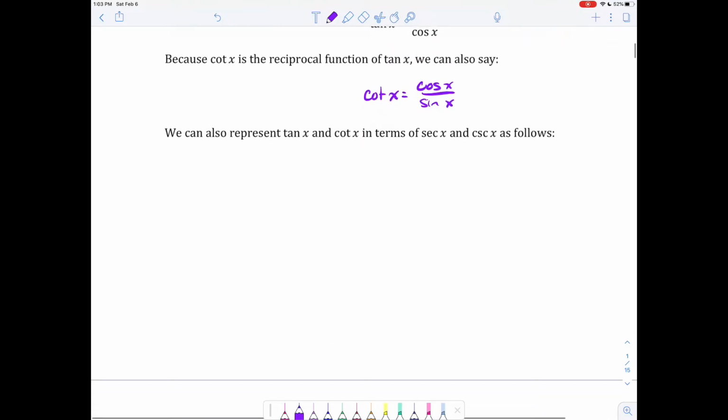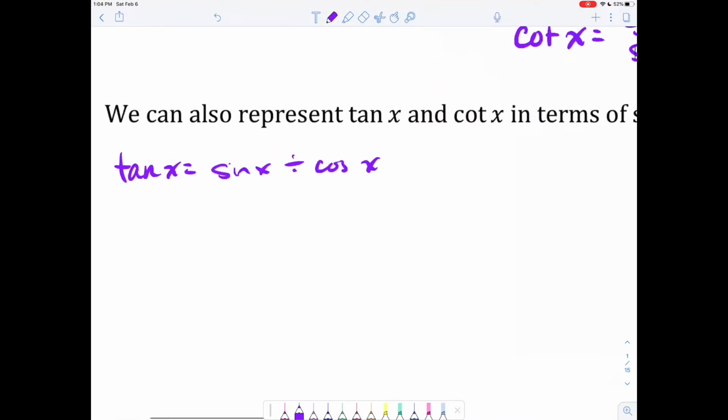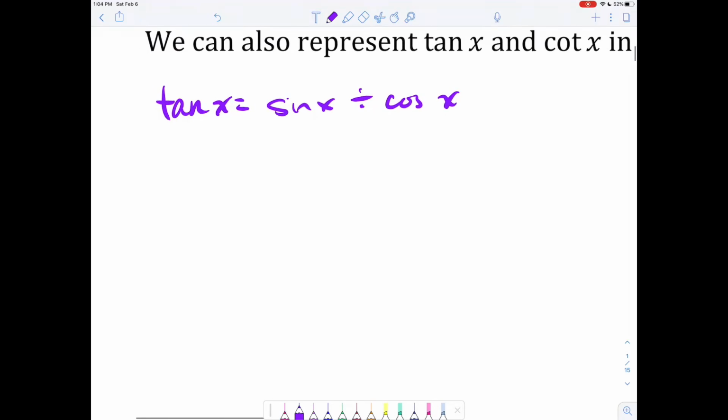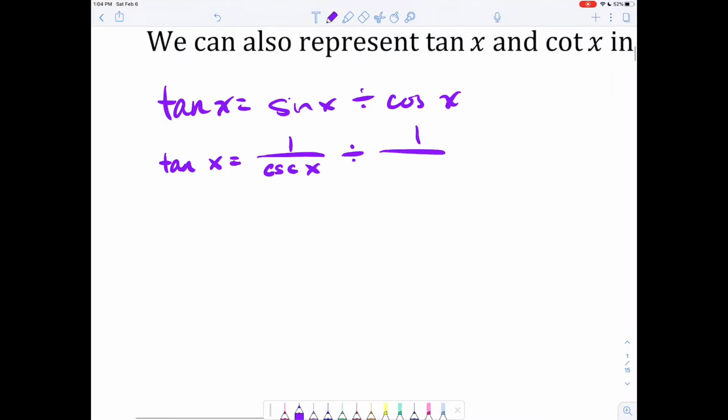So looking at that one, we have that tan of x is equal to sine of x divided by cosine of x. And thus we can say that tan x is the result of taking 1 over cosecant of x, since sine is the reciprocal of cosecant, and dividing it by 1 over secant of x, since cosine is the reciprocal of secant.